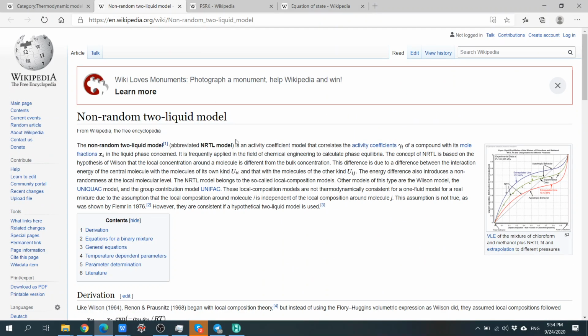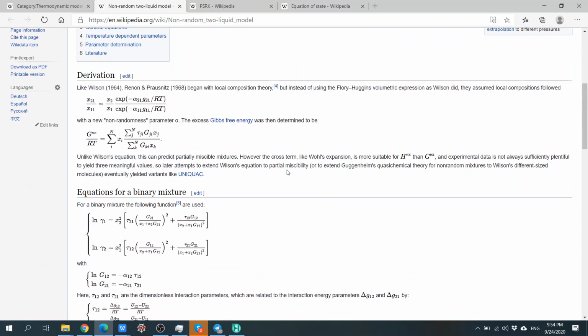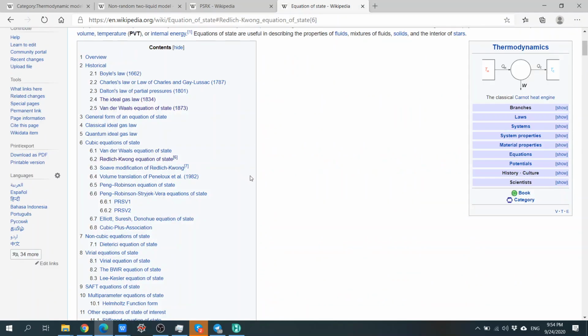The NRTL, for example, is another thermodynamic model using activity coefficients. So it's more complicated than the equations of state.